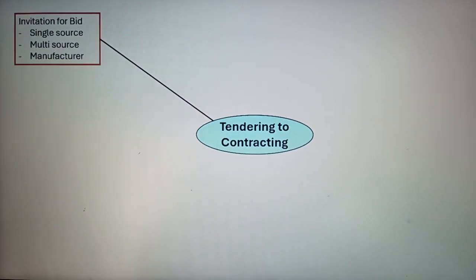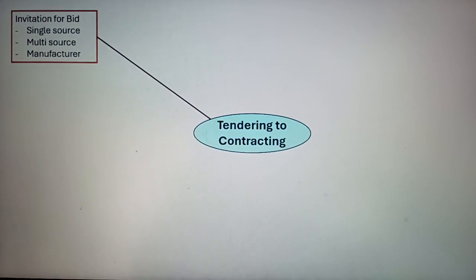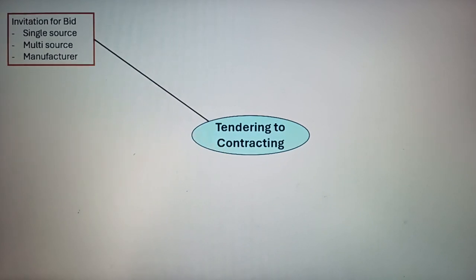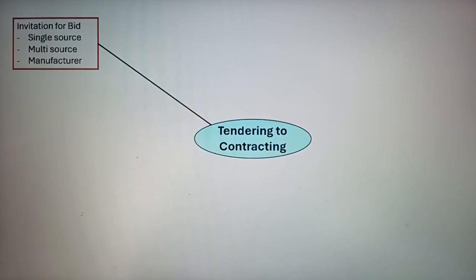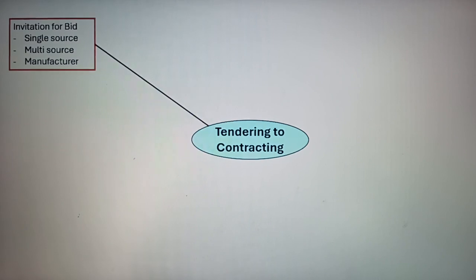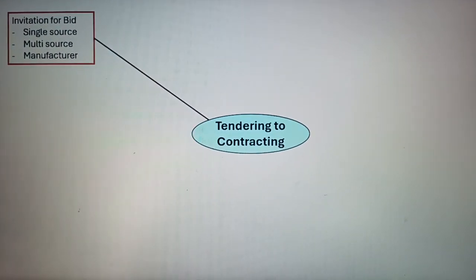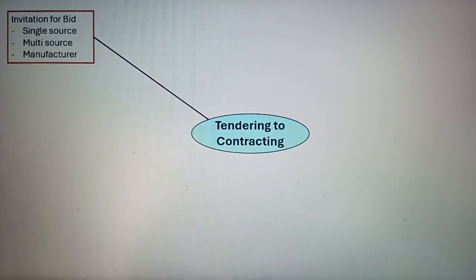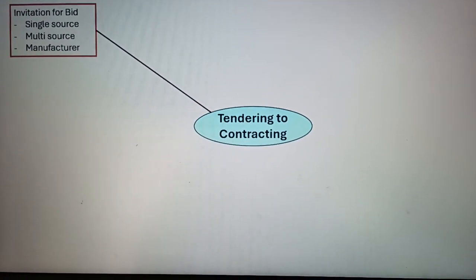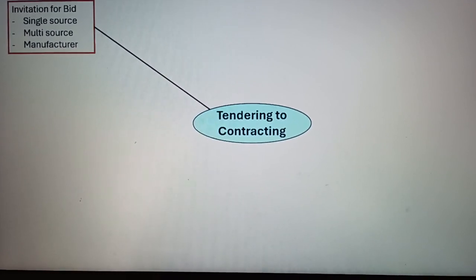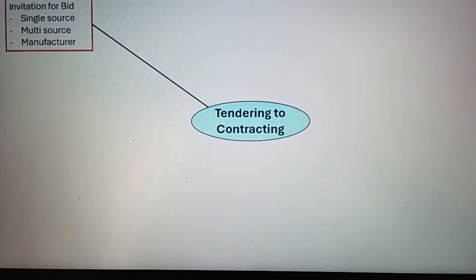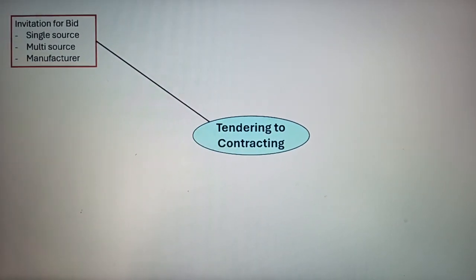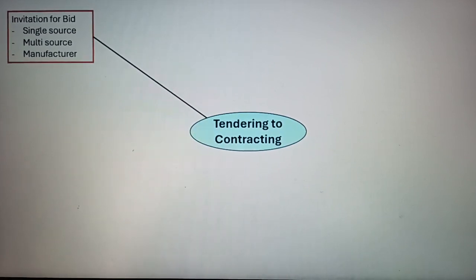If a vendor finds it okay, that we are capable of fulfilling these requirements, then any vendor can bid in this type of contract. So it is called a multi-source tender. In this multi-source tender, it is not confirmed that the award goes to a single bidder. It might be split between two bidders or more than two bidders. It depends on the bulk of quantity or the organization's perspective.